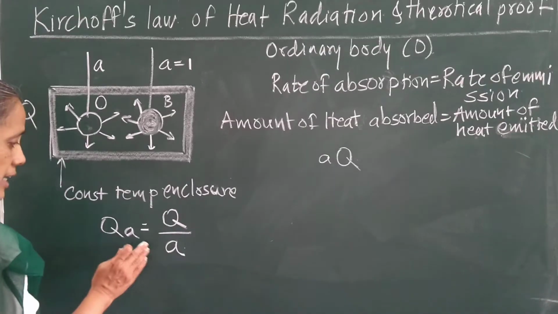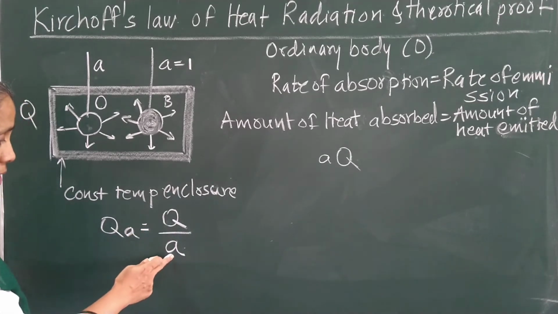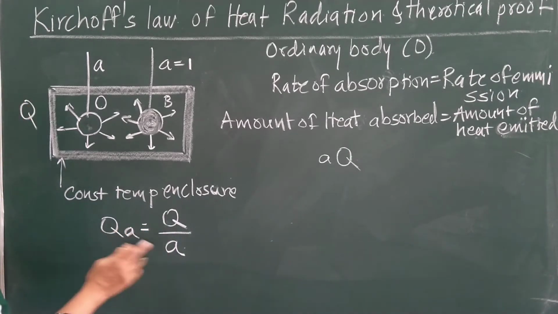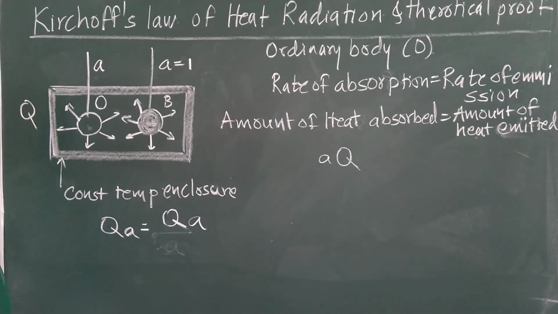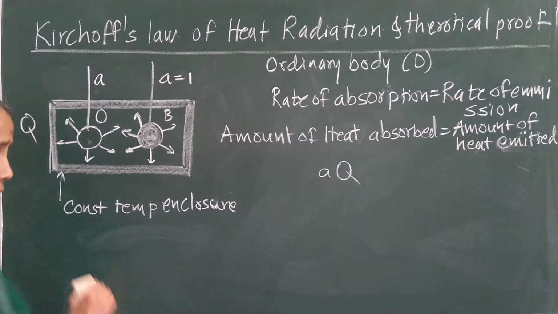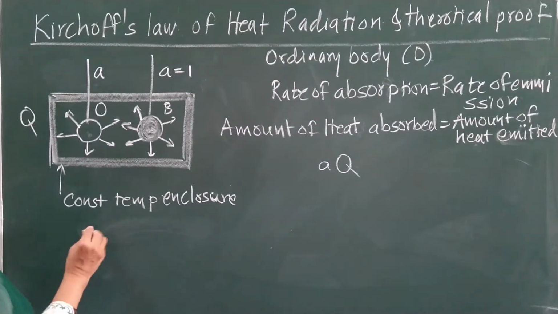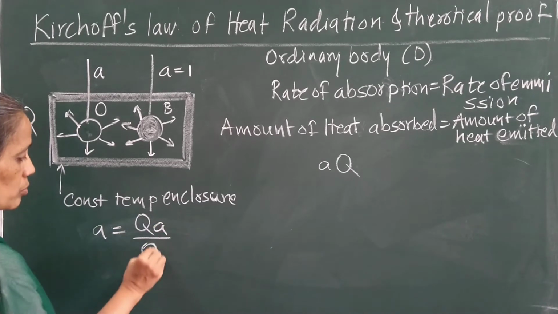So the total amount of absorbed heat is Q into A, because we know that the coefficient of absorption A is equal to QA upon Q.